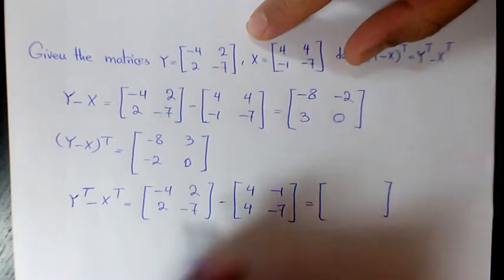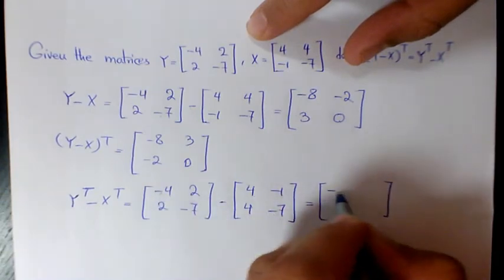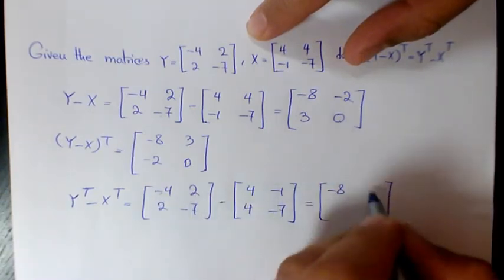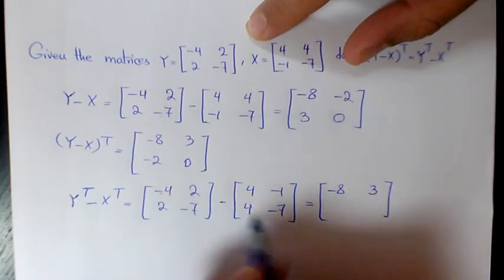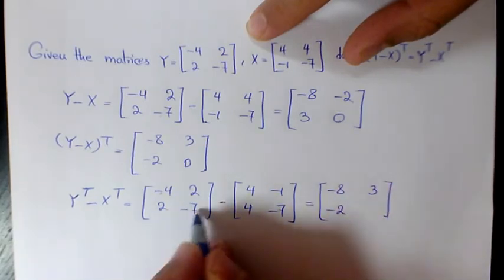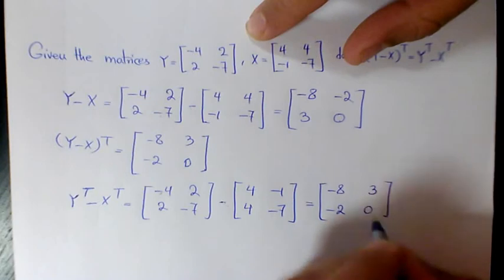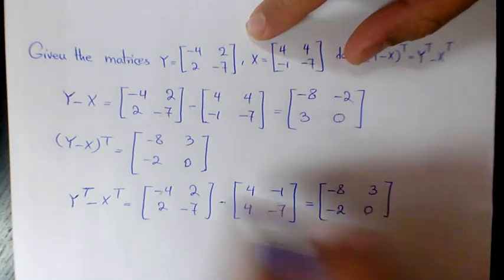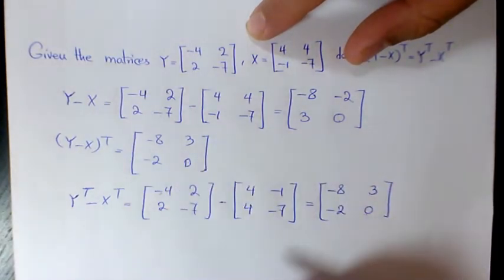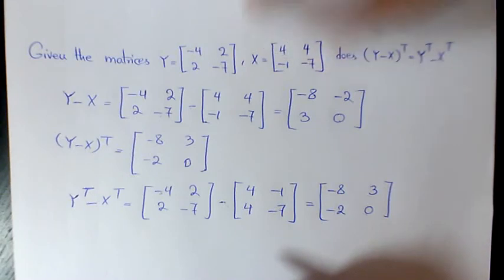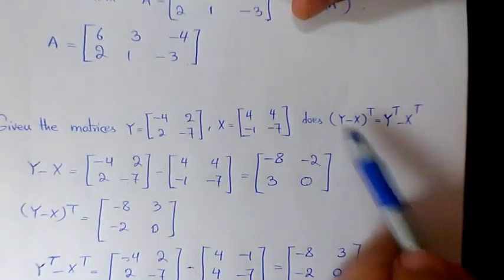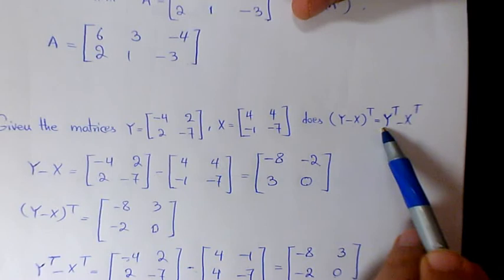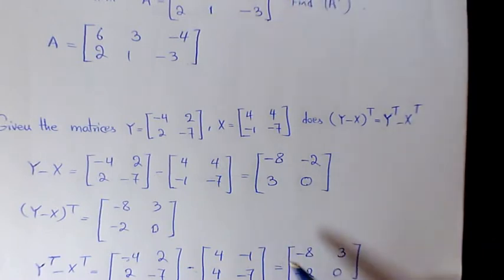So that's going to be negative 4 minus 4, negative 8. 2 minus negative 1 is going to be 3. 2 minus 4 is going to be negative 2. Negative 7 minus negative 7 is going to be 0. So if you compare these two, you're going to see we have the same answer. So the transpose of y minus x equals the transpose of y minus the transpose of x.